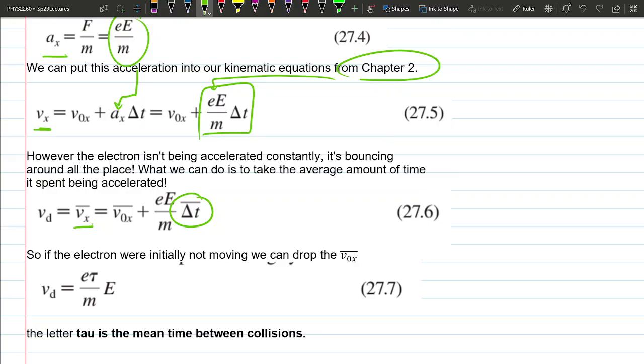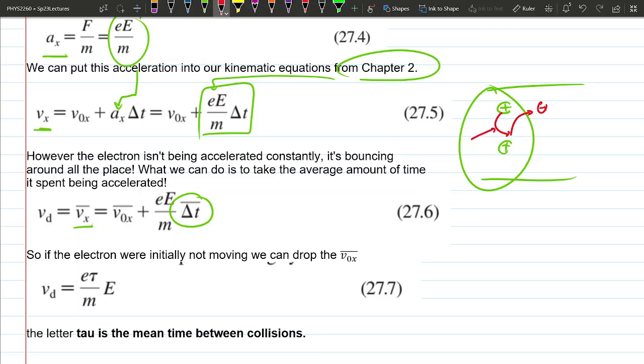Remember, the electron is bouncing around inside the conductor. So when it hits the nucleus, the electric field is not accelerating it. It's only when it's flying around between all the positive charge that it's accelerating. So this is known as the flight time of the electron, okay?